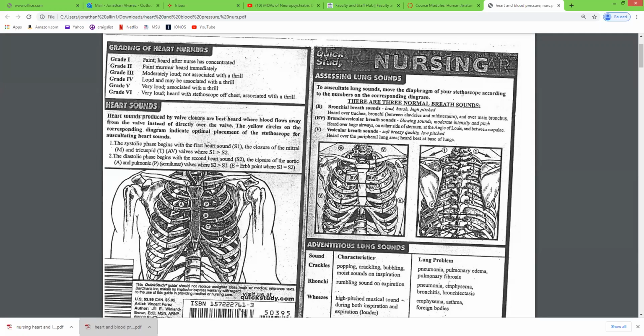Then as you move away from center, look at the midline where the actual windpipe is. Once you start moving laterally, the next loudest is called BV, or bronchovesicular. That's a moderate intensity breath sound. So you have loud, bronchial, and a medium sound, bronchovesicular.